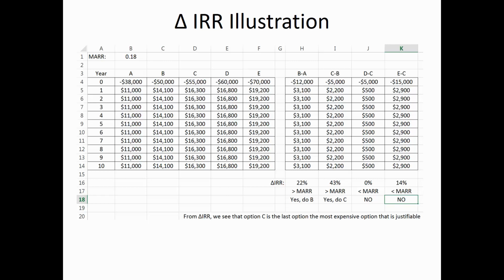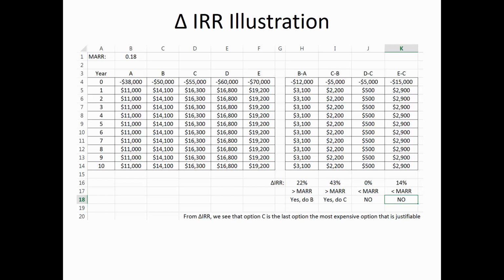And then the statement of whether it's more or less than the MAR. So that's more than the MAR. And what it means is do B instead of A. Because the more expensive alternative here, B, that extra $12,000 that you'd spend is worthwhile because that extra $12,000 is earning a rate of return of 22% on the increment.